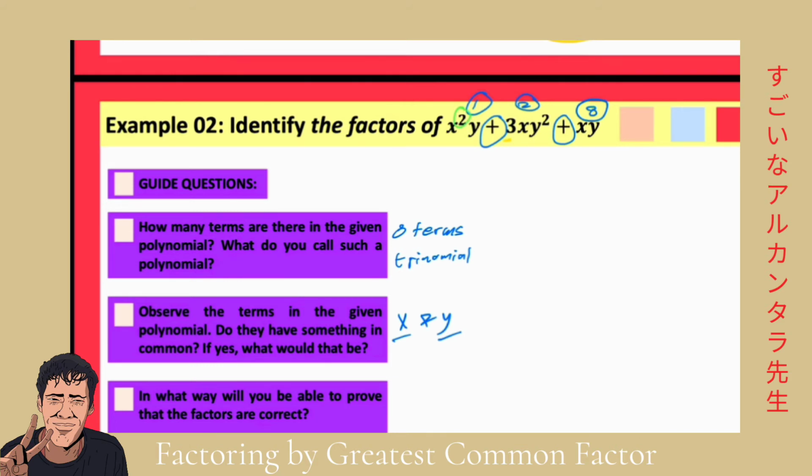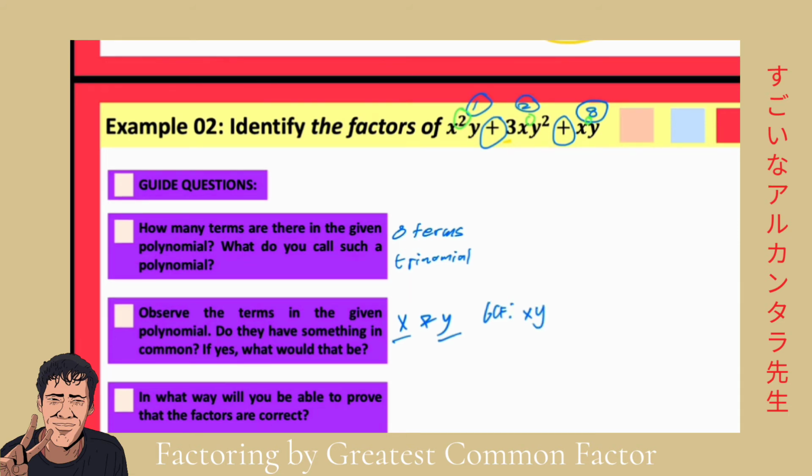So for x, you have 2 as the exponent here. Here it's none. Here it's none. It's not written, so therefore, it's 1. So that makes our GCF for this example for x as x. And for y, it's similar to that situation, that y is also our GCF. So it's xy.